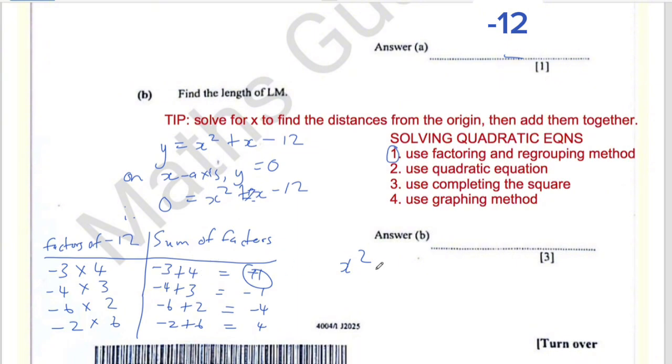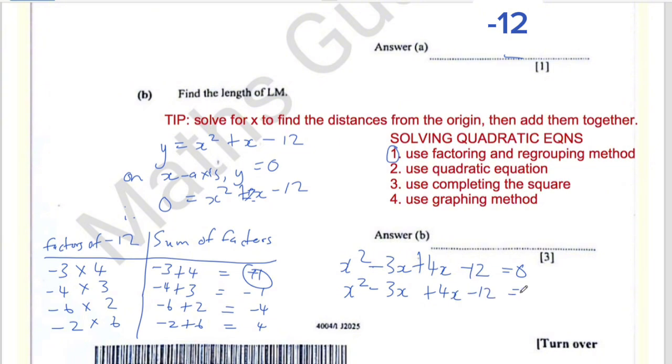So we're going to rewrite the coefficient, or the number for x. We're going to rewrite x as minus 3x plus 4x, because if we add them, they just give us positive 1x. So we're going to have x squared minus 3x plus 4x minus 12 equals 0. Then we can factorize here. We bring like terms together.